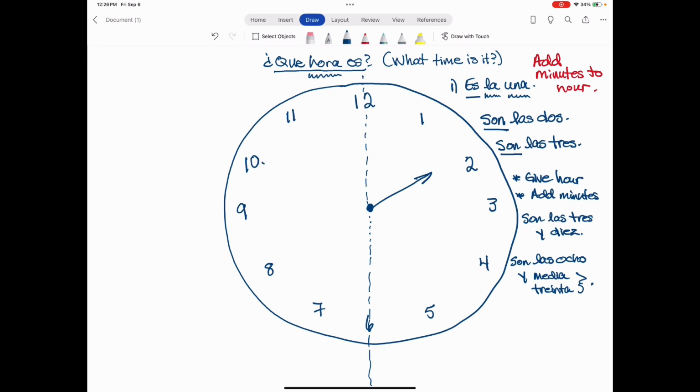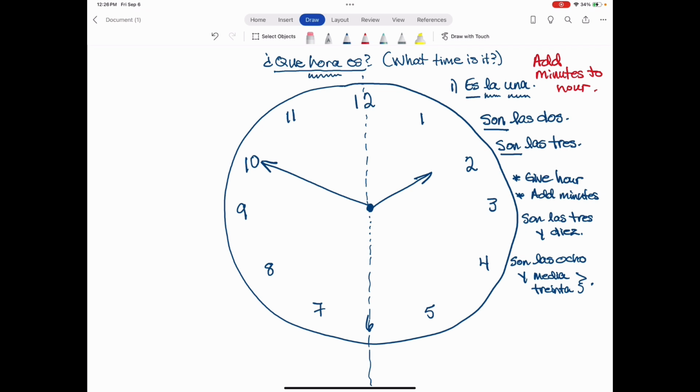And then the big hand is over here. What you have to do in this case is you go to the upcoming hour. So you give the very next upcoming hour, which in this case is 2, because your big hand is not yet on the 2 o'clock. It's still 10 minutes before 2. So you're going to say it's 2 o'clock minus 10 minutes.